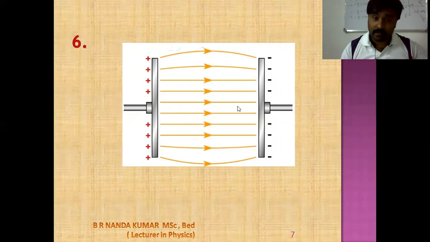An electric field in a region is said to be uniform if it has the same magnitude and the same direction at all points in that region. That is a uniform electric field. In a uniform electric field, the lines are straight, parallel, and equidistant.